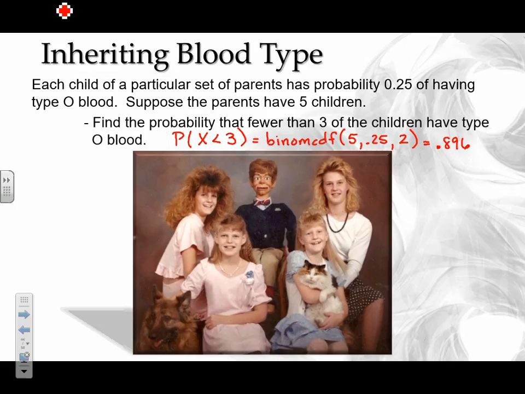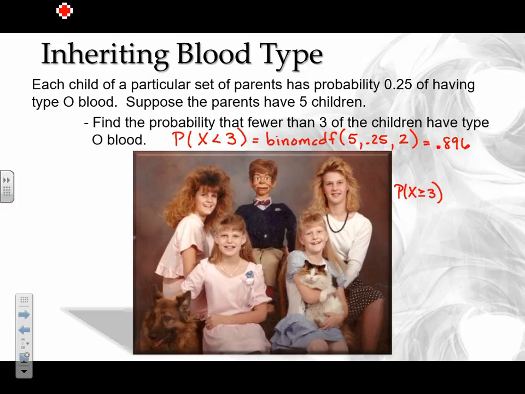Okay, real quick. If they had said, what's the probability that 3 or more have type O blood? Now in this case, we're looking at a greater than scenario. I can't do greater than on the calculator.